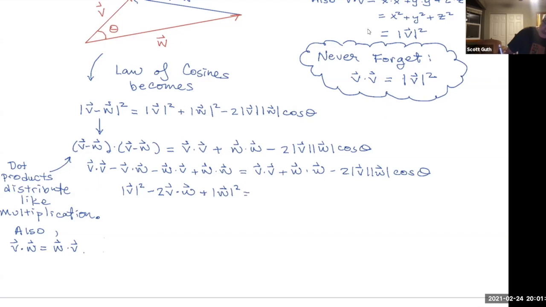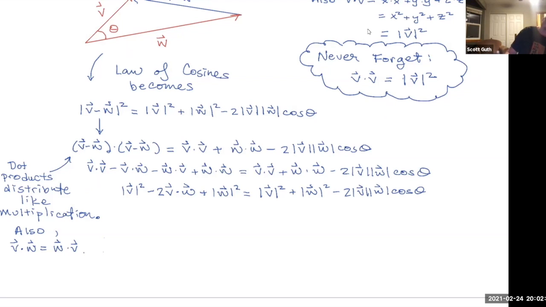That equals the magnitude of v squared plus the magnitude of w squared minus 2 magnitude of v, magnitude of w, cosine of the angle between them.